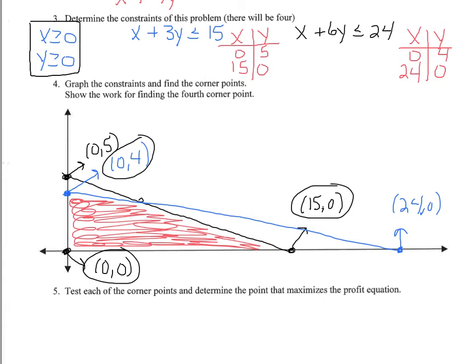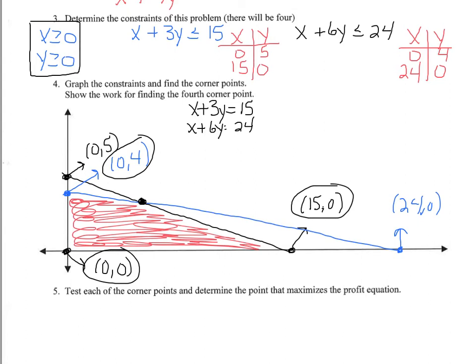Here's my fourth one, and I'm going to have to do a little bit of work to solve this one. So let's take a look at my 2 inequalities that I graphed. I am now going to make those equations because I don't need the inequality symbol anymore. I've already drawn the line and I've already shaded. So I'm going to have x plus 3y equals 15, and I'm going to have x plus 6y equals 24.